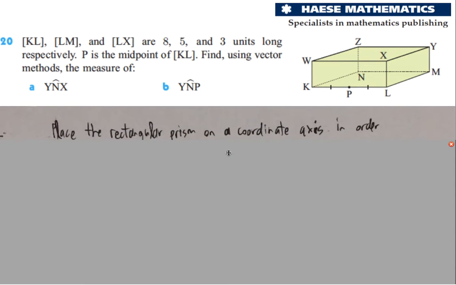How do we go about starting this question? Well, one of the methods that you can use is to place the rectangular prism on a coordinate axis in order to generate points, in other words, coordinate points, and ultimately component vectors.